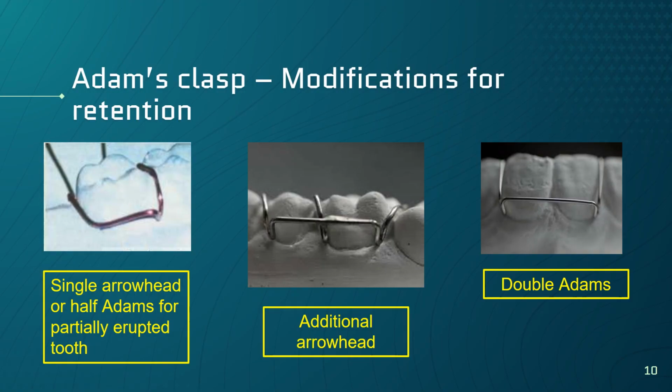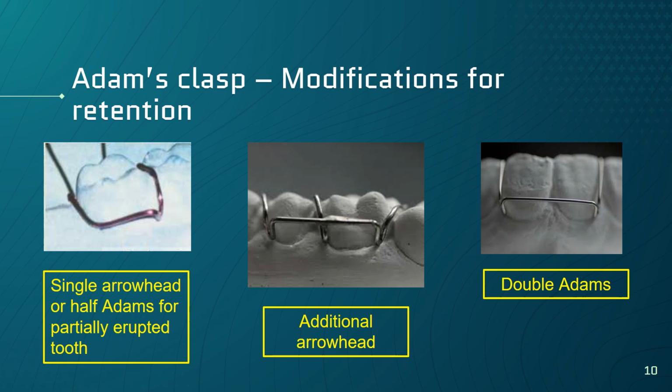The Adams clasp is a very versatile clasp and it can be modified in many ways to obtain retention in different situations. We have a modification called the single arrowhead or half Adams, which can be used for a partially erupted tooth.